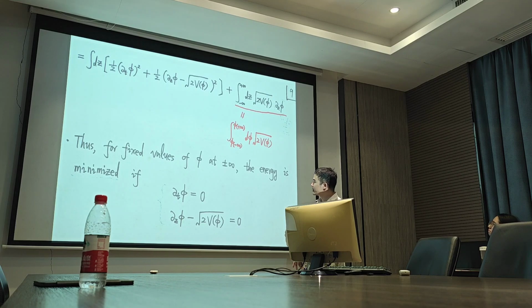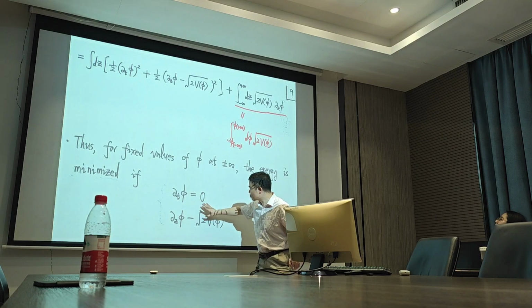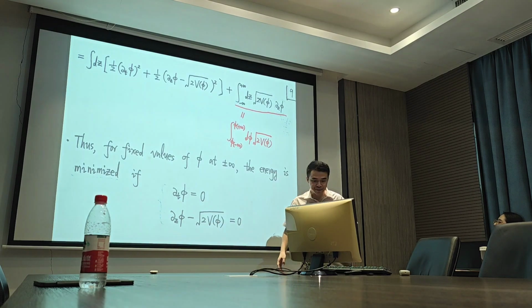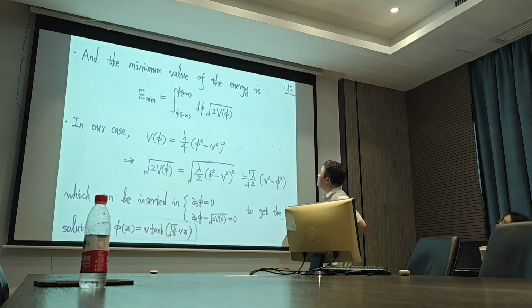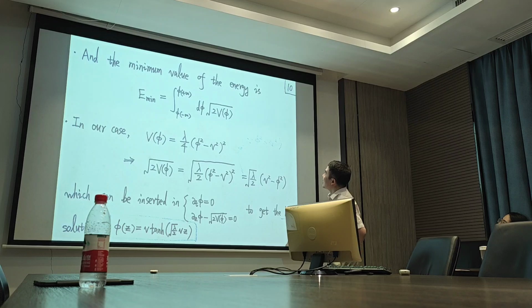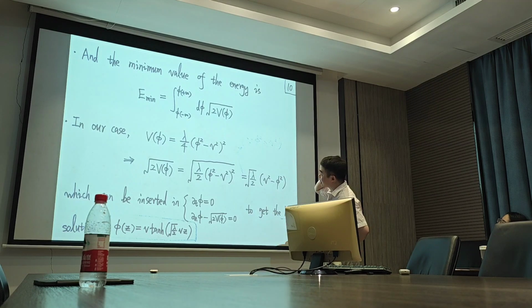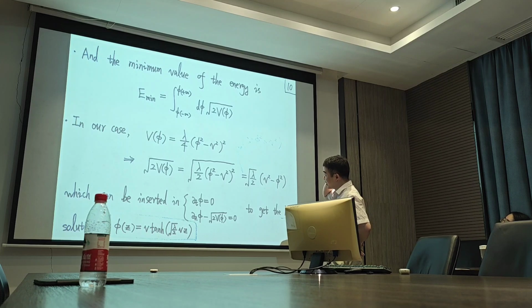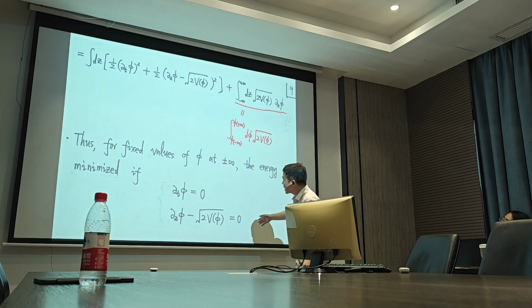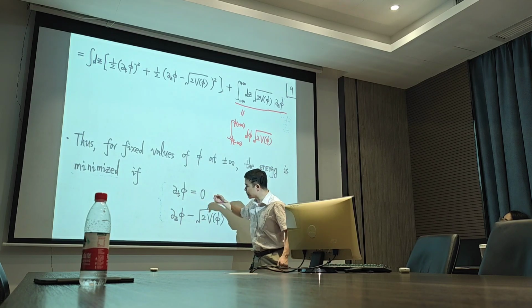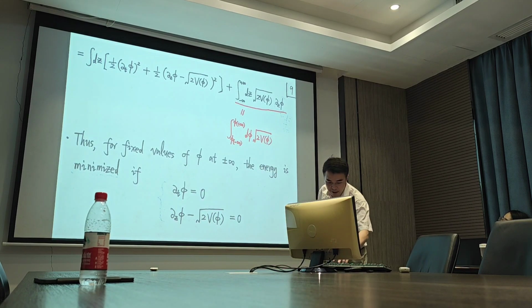So the condition is that these two terms vanish, and the minimal value of the energy is the cross term, which is determined by the boundary values. We can use these two conditions to get the solution, the kink solution.